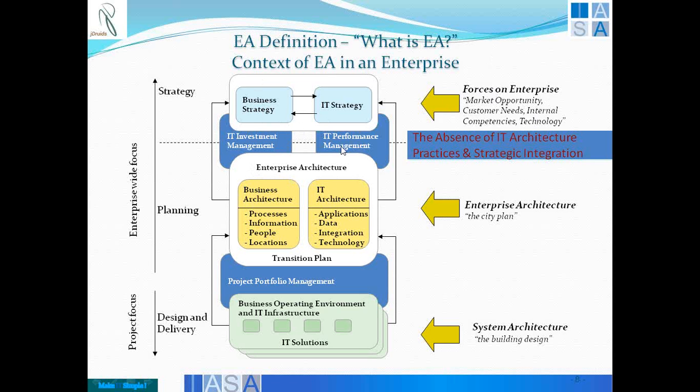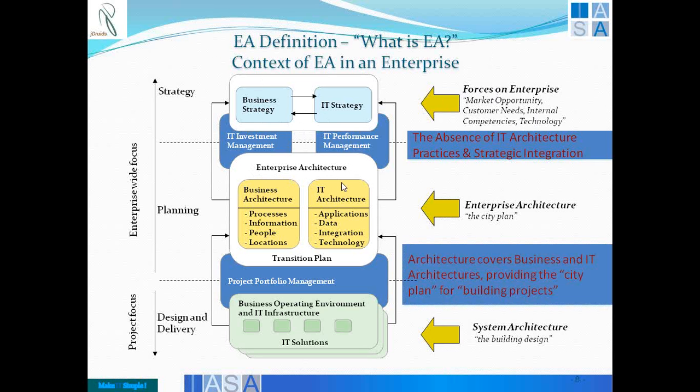Enterprise architecture tries to bring together, in terms of a complete city plan, a business architecture and the IT architecture defined through applications, data, integration, technology, some of these aspects that you know very much, aligned to IT strategy, aligned to business strategy, as well as being able to communicate these effectively for a transition plan and to a project plan for operating environment.